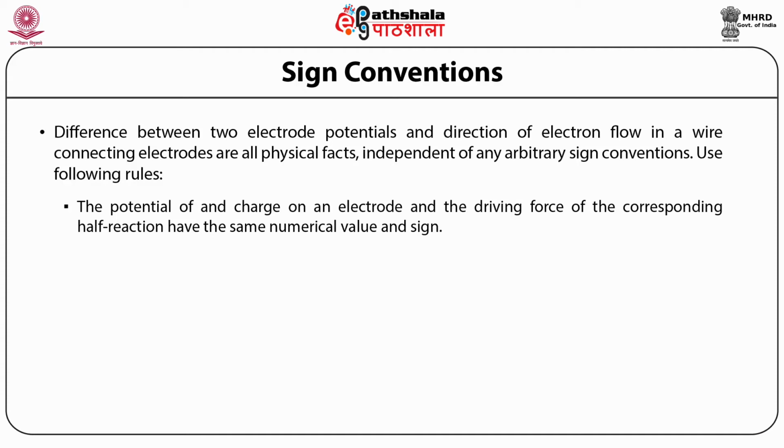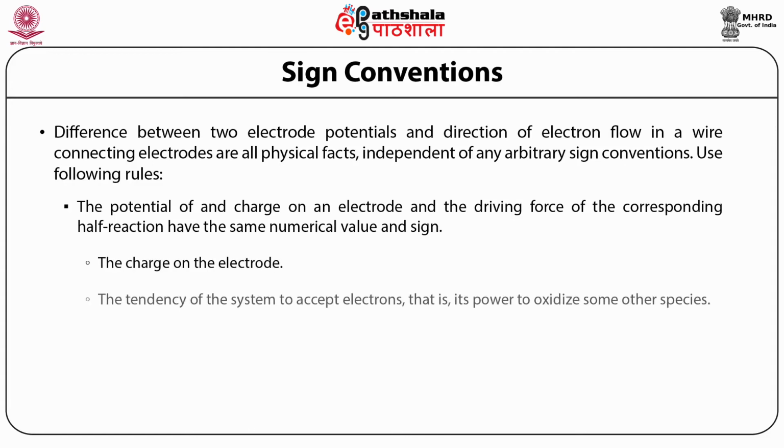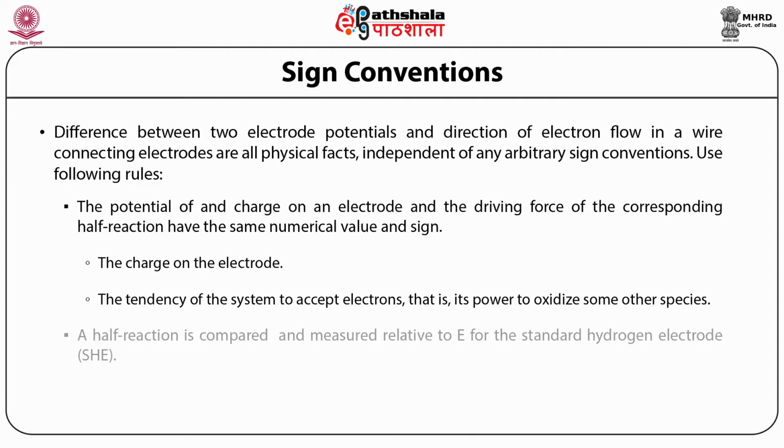Thus, the electrode potential, designated by the symbol E, is also a measure of the charge on the electrode, the tendency of the system to accept electrons, that is, its power to oxidize some other species. E for an electrode or a half reaction is compared to and measured relative to E for the standard hydrogen electrode, SHE, to be described shortly.